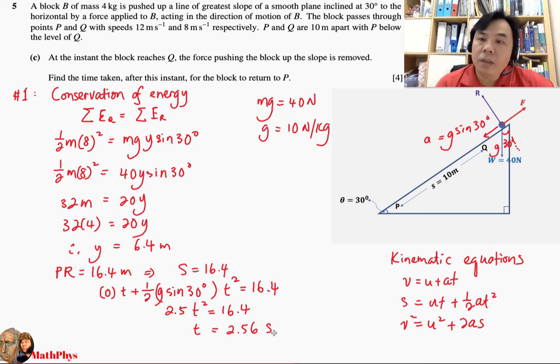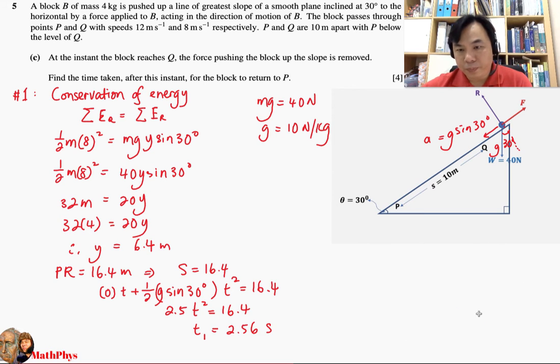Which means we have to include the time taken for the block to actually move from Q to the final position there. So we also need to calculate that, which I missed out. Okay, let me include that. So I'll just call this T1 then.